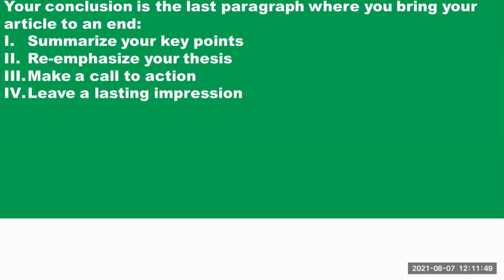For example, when demolishing the points of your opponent's argument, you say that this is unacceptable, or this is absolutely untenable, or it is unthinkable for my opponent, or it is absolutely wrong, or it is incorrect for my opponent to say that this is the case.